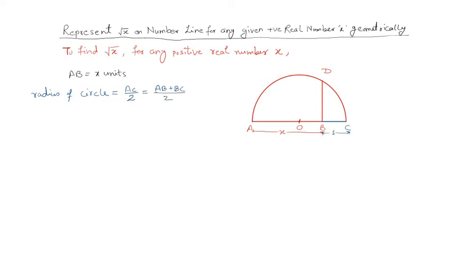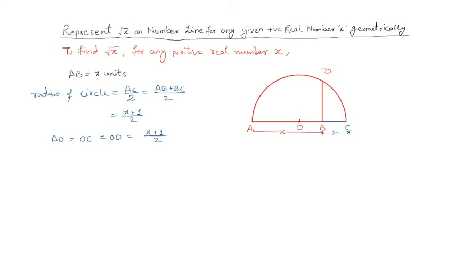Right? AB is given as x units plus BC is given as 1 unit, divided by 2. So this is the radius of the circle. The radius can also be given as AO, and the radius is also OC, and this will also be OD, and that is equal to (x plus 1) by 2.